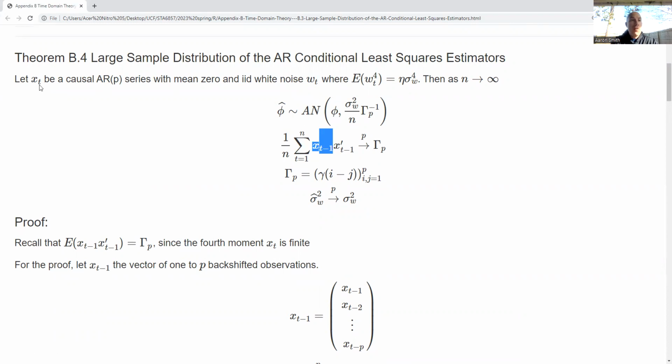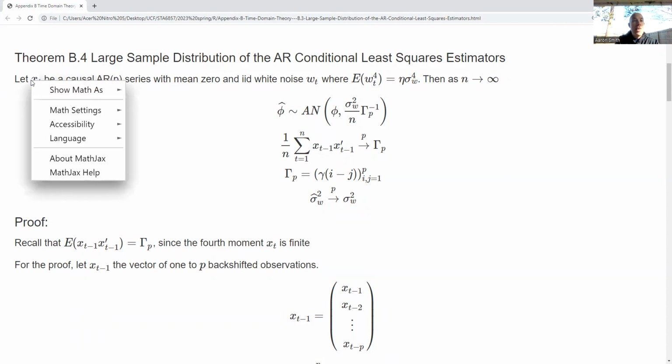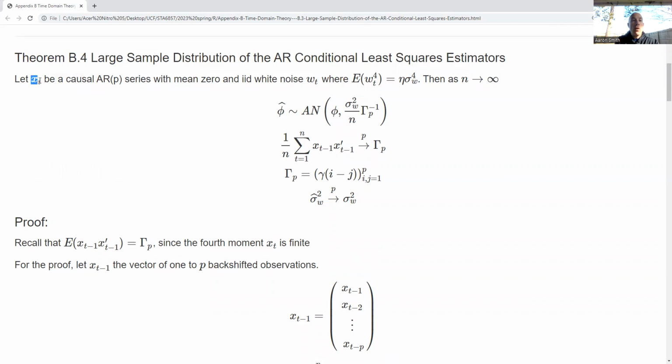Think of this one as the current time series value at time t, and this is all of the previous time series values before that. So this t-1 is a vector of values. Every time you see t-1 in the subscript, that is a vector of all the backshift previous values. But when you see x of t, it's the current value that we're interested in.